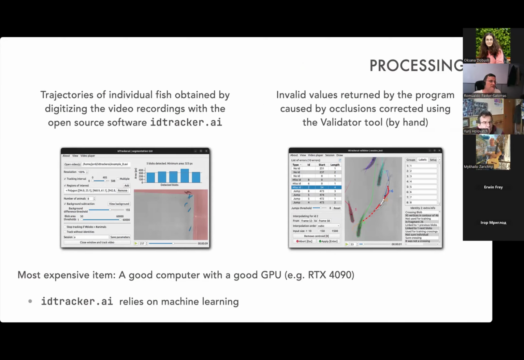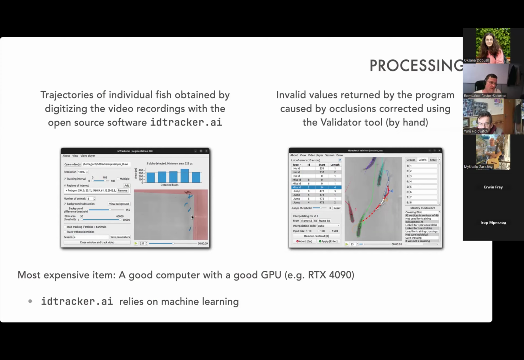And especially resolve cases when two fish swim very close together. In, let's say, not so good software tools, if they become very close to one another, the identities can be switched.